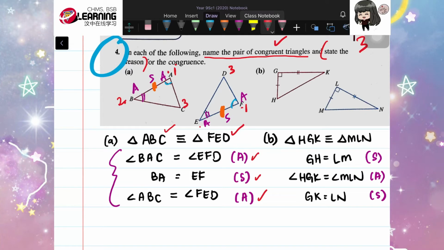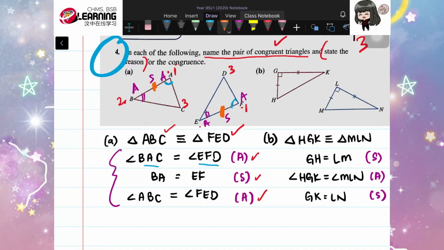And the first angle that is the same, either one, you can write either one first. According to mine, the angle BAC, the blue one, equals the angle EFD. And then we have side. Which side is the same? It's given there.